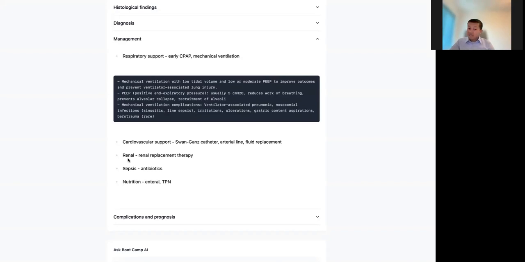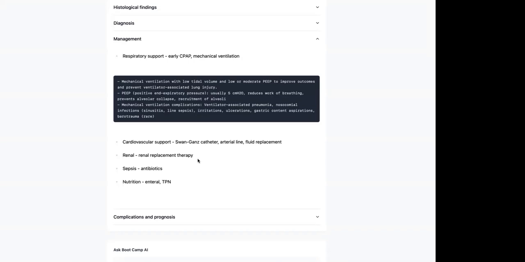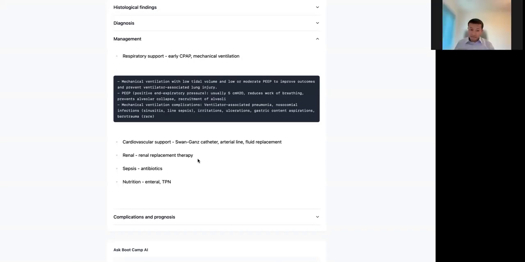And if the renals shut down, then renal replacement therapy, which comprises hemodialysis and hemofiltration. In the acute settings, we tend to do the hemofiltration more. Hemodialysis focuses on removing the fluid volume, which is more commonly used in the community settings, which is slightly cheaper.